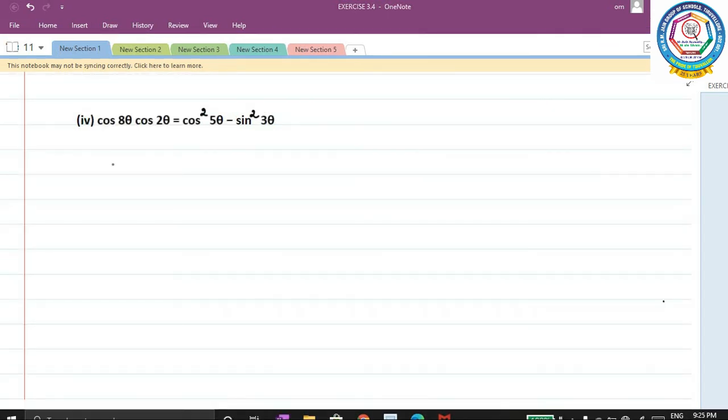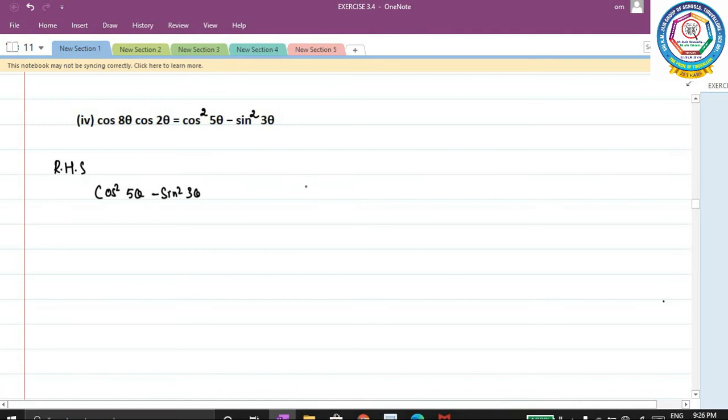Fourth subdivision: cos 8θ cos 2θ equal to cos²5θ minus sin²3θ. We have to prove this one. Now I am going to take the right hand side. What is the right hand side? cos²5θ minus sin²3θ.